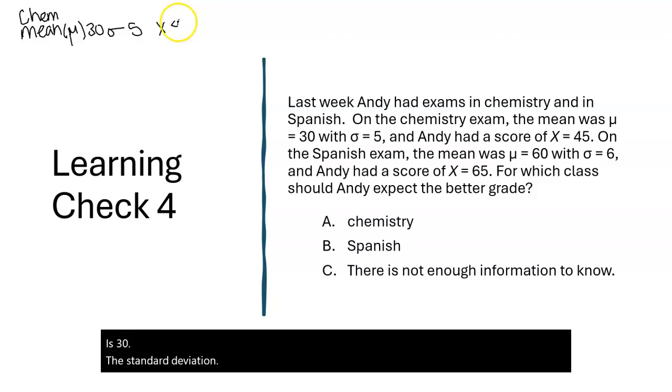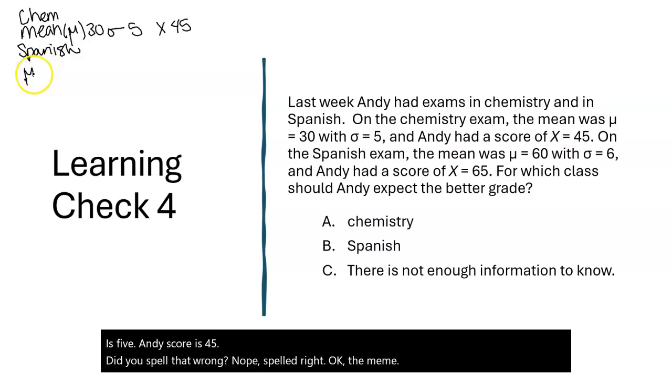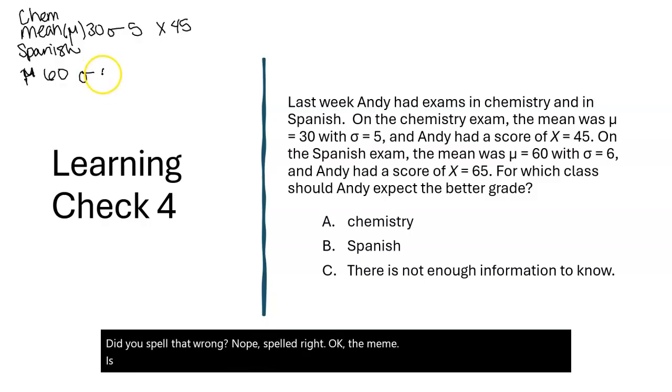Andy's score is 45. For Spanish, the mean is 60. That standard deviation is 6. And Andy's score is 65. Which class should Andy expect to have a better grade in?